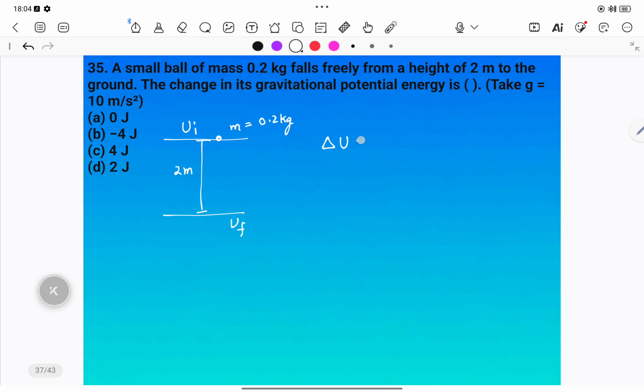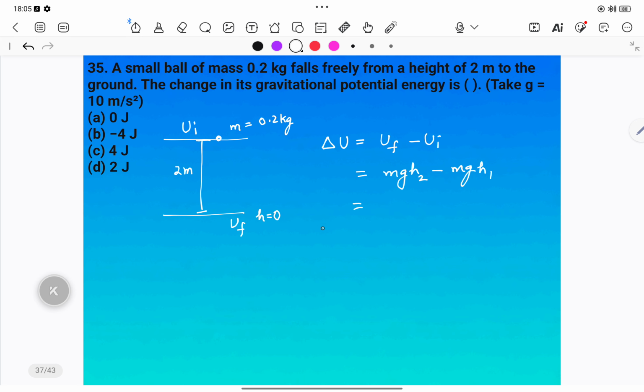Change in potential energy is equal to final potential energy minus initial potential energy. Here the height h is 0, so the final potential energy, that is mgh2, minus mgh1.